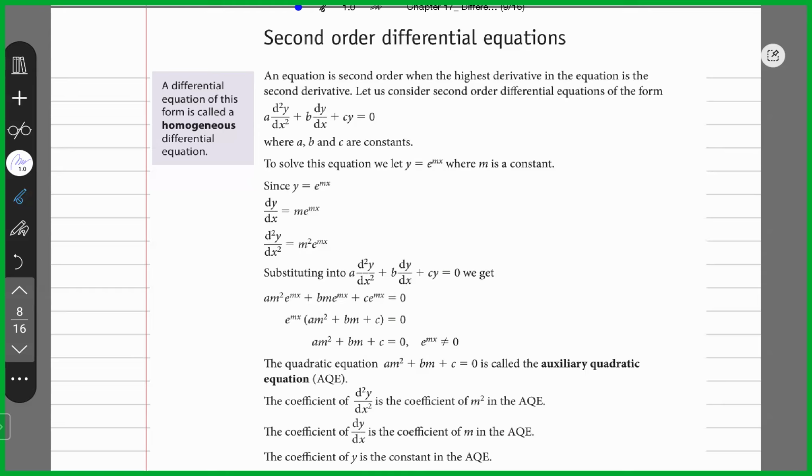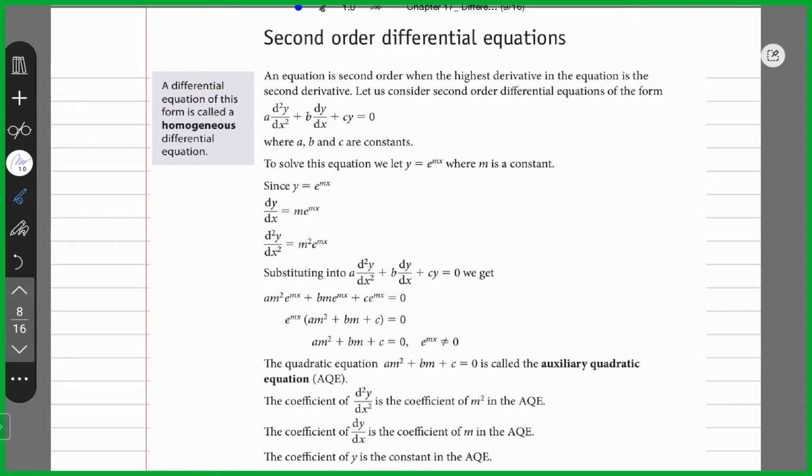We get a m squared e to the mx plus b m e to the mx plus c e to the mx. Obviously, e to the mx is common, so we factor it out. So we have e to the mx into am squared plus bm plus c is equal to 0. Now, if you're multiplying two things and getting 0, either the first is 0 or the second is 0.